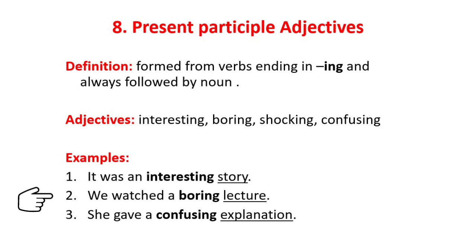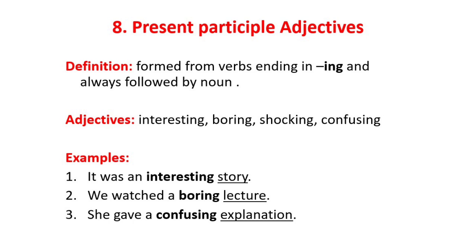So this is also a present participle adjective. Now see the last example. She gave a confusing explanation. Here explanation is a noun, and just before that we got the ing form of verb, that is confusing. So this is also a present participle adjective. It's very easy, you must have understood.